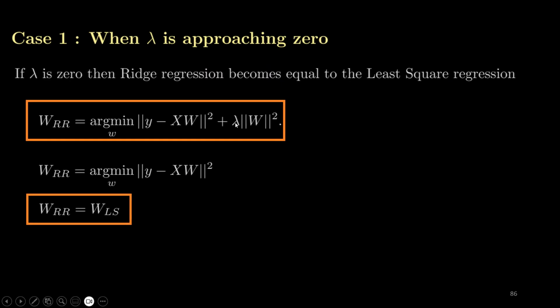If we put 0 here, then the regularization term becomes 0 and we are left with our normal least squares solution. So ridge regression equals least squares regression if lambda is approaching 0, and it happens only when the weights tend to approach infinity.